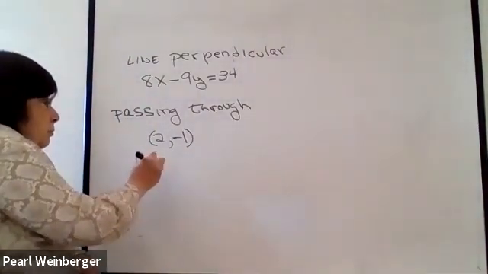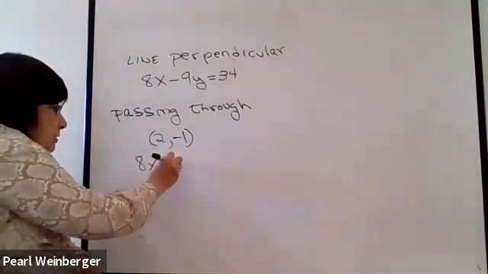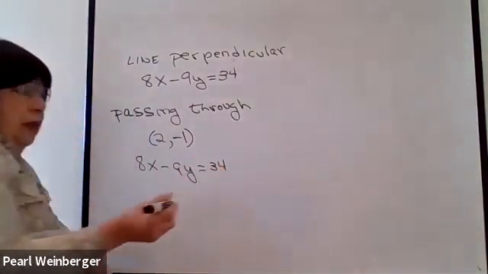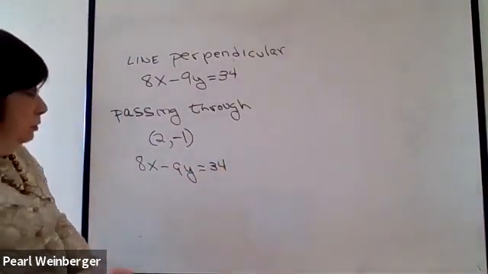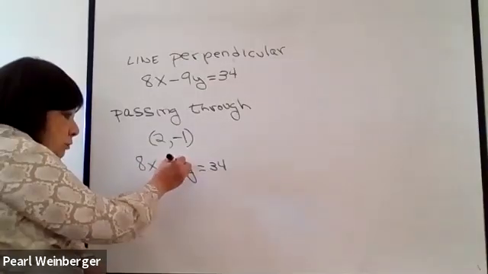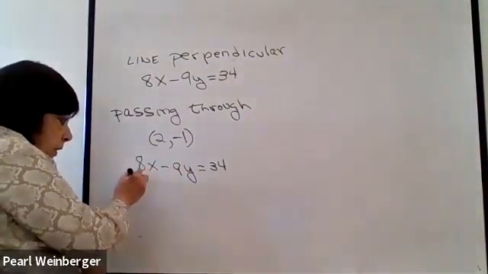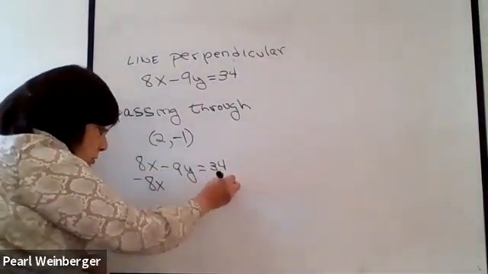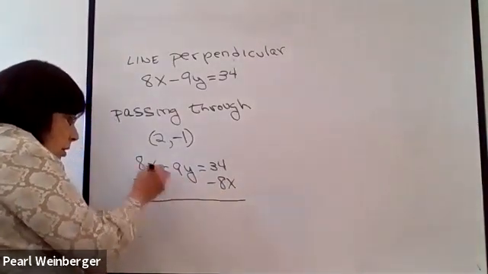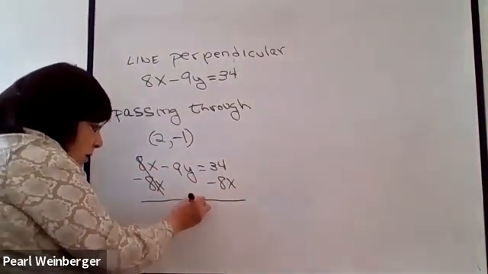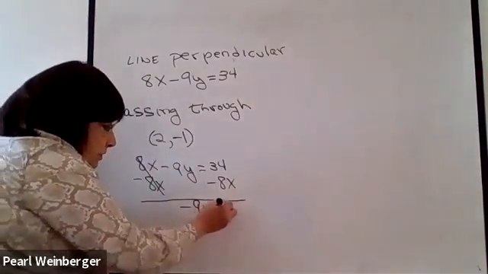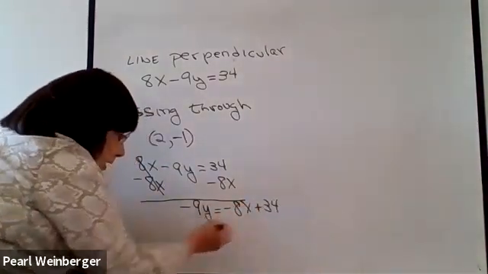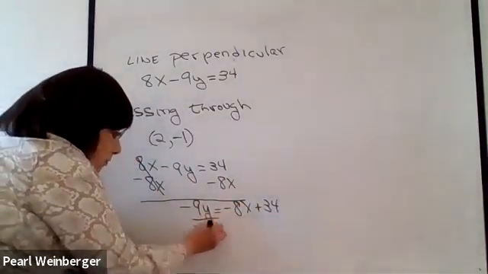Now, unfortunately, the original line that they gave me, 8x minus 9y equals 34, is not in y equals mx plus b form. So the first thing I have to do is put this into the y equals mx plus b form, which means bring the 8x to the other side. So that'll give me negative 9y equals negative 8x plus 34. And then divide everything by negative 9.